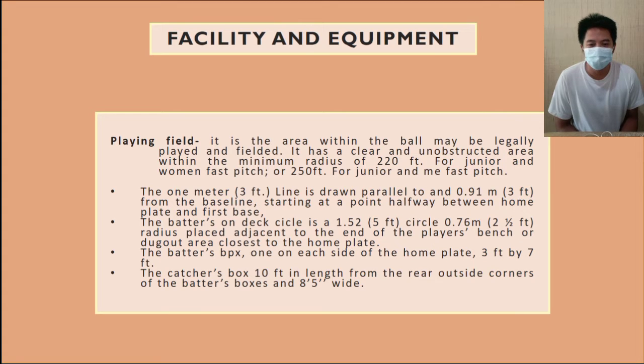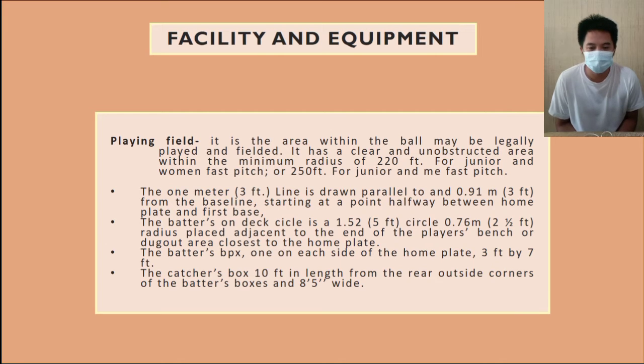The 1 meter or 3 feet line is drawn parallel to and 0.91 meters from the baseline starting at a point halfway between home plate and first base. The batter's on-deck circle is a circle of 0.76 meter radius placed adjacent to the end of the player's bench or dugout area closest to the home plate.